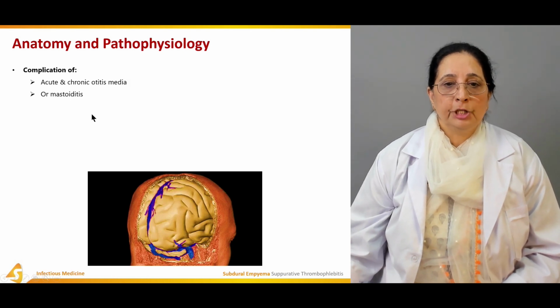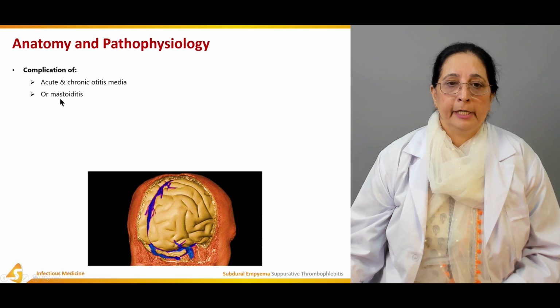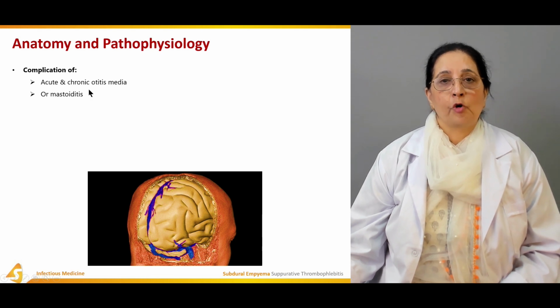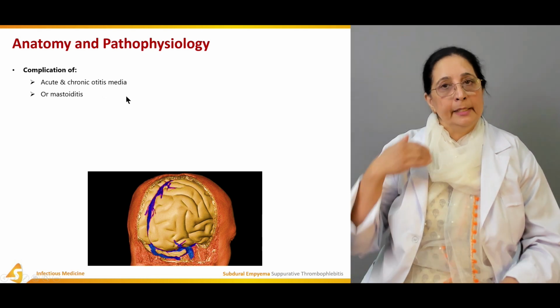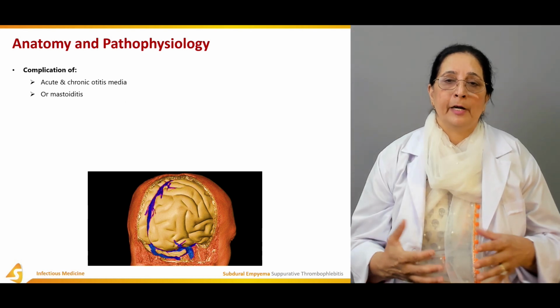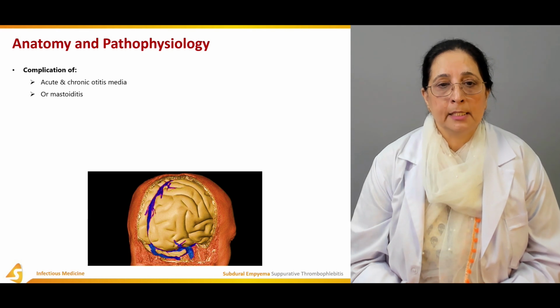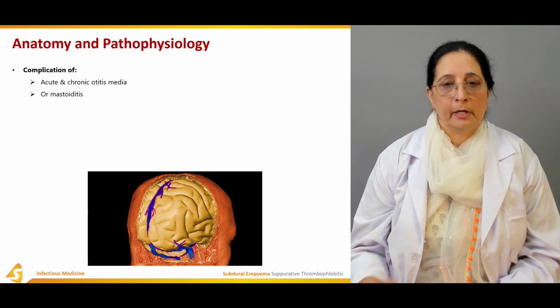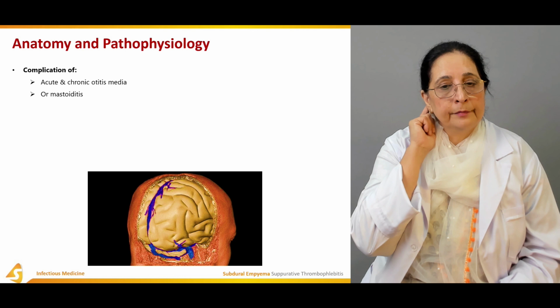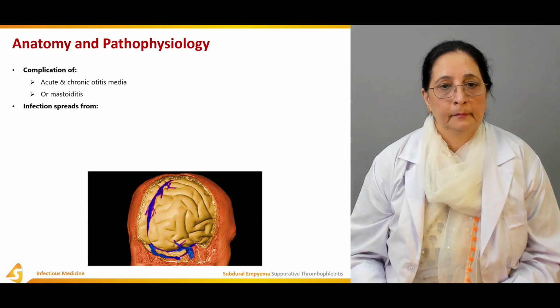It can occur as a complication of acute and chronic otitis media, a middle ear infection that can spread to the superior sagittal sinus and cause thrombophlebitis, or as a complication of mastoiditis, inflammation of the mastoid bone.